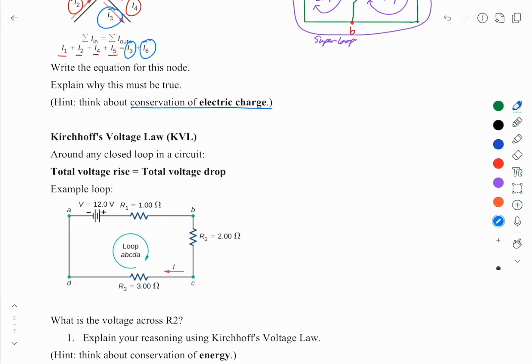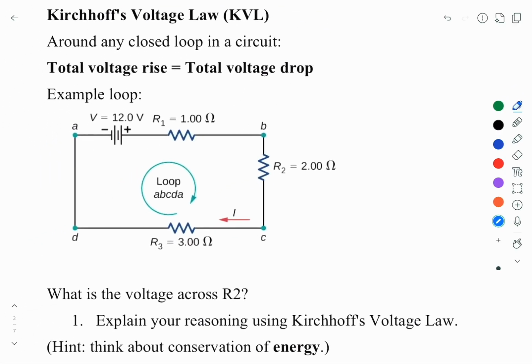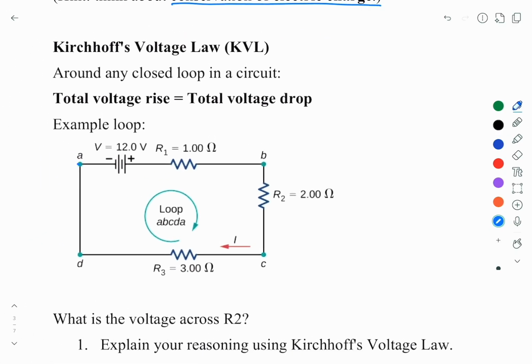In the Kirchhoff voltage rule, we look at the loop. So here we have a loop. This loop starts from A, B, C, D, and back to A. Now, we can choose our loop either clockwise or anti-clockwise. It doesn't matter. And what we're saying is, when we analyze the voltages along this loop, we will see the sum of all voltage rises is equal to the sum of all voltage drops.